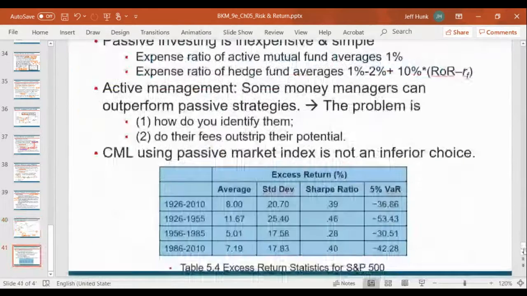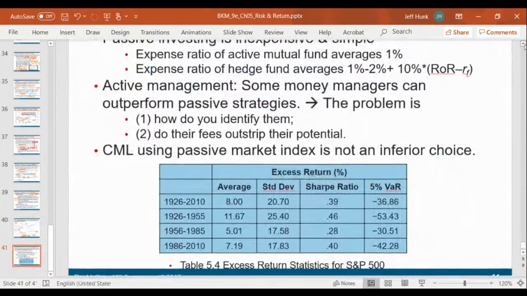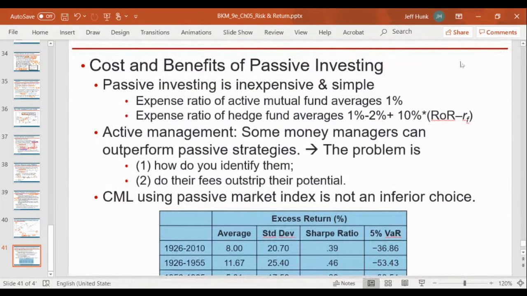Now, how good is a passive strategy? Costs and benefits of passive investing: passive investing is inexpensive and simple. The expense ratio of active mutual funds generally averages 1%.